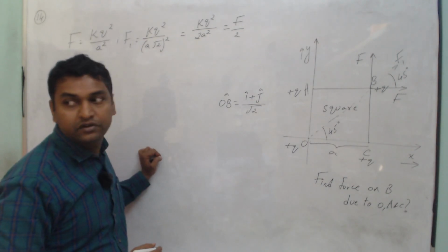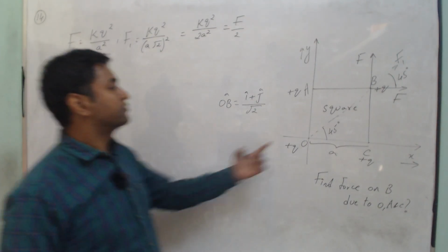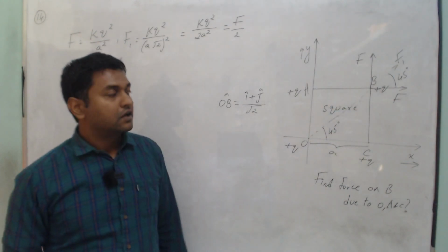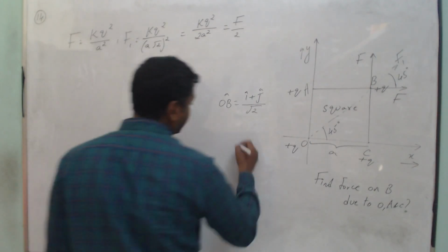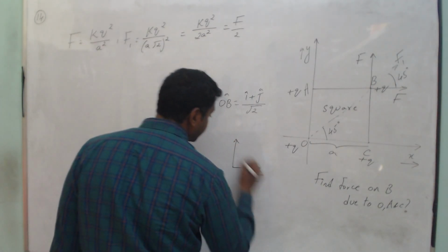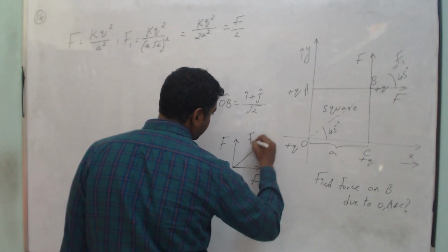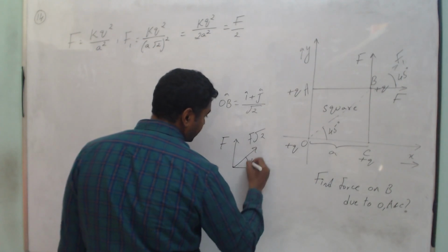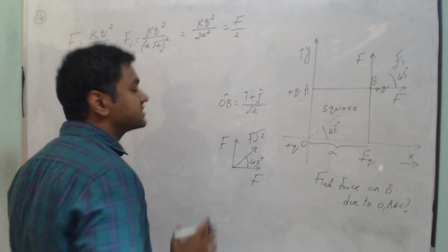So the unit vector from O to B is this. And what is the resultant magnitude that we have? That I will also figure out from the geometry. Due to these two forces, I have F root 2 in the same direction, 45 degrees. Because of the square, all these things are happening.